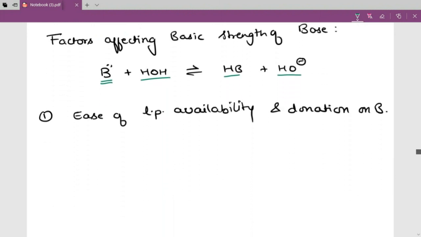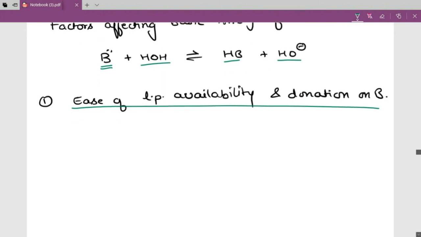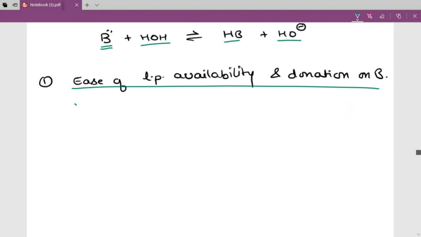Now, the factors which affect the basic strength of a particular organic base: first is the ease of lone pair availability, and then the ease of its donation on a particular base molecule. First, is it available or not? Why wouldn't it be available? For that availability, we'll think whether it is delocalized. Delocalized lone pair, basicity will go down.